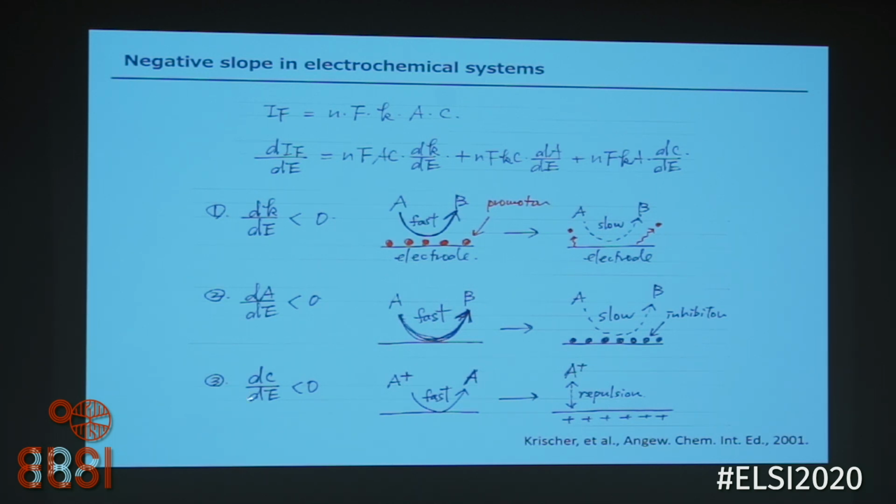The last case, dC over dE negative, occurs when a cation is oxidized or an anion is reduced, because of the electric repulsion between the species and the electrode. So these three cases frequently appear in electrochemical systems. That's why, unlike chemical oscillating systems, electrochemistry is enriched in such dynamic phenomena.